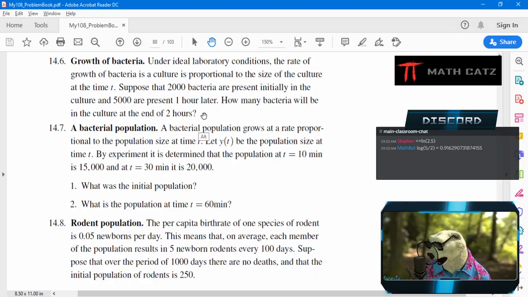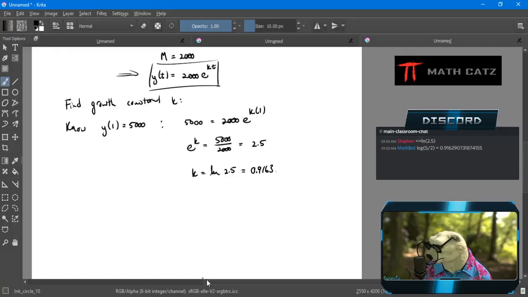Now we can finally get to the question. How many bacteria will be in the culture at the end of 2 hours? So now we can find the y value when time is 2 hours. Quite straightforward. I'm going to keep the k as a k, even though I am aware I do have the number if I need to. I don't want to write a messy decimal number in there.